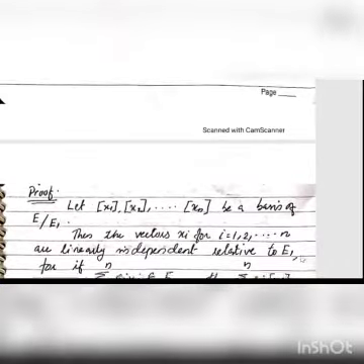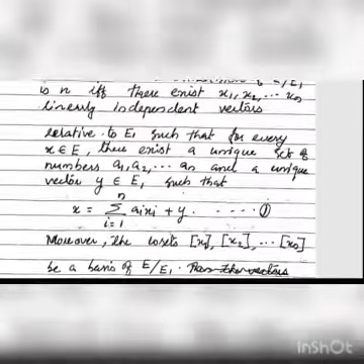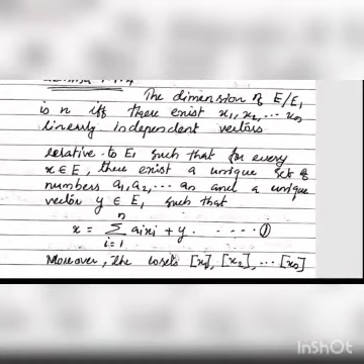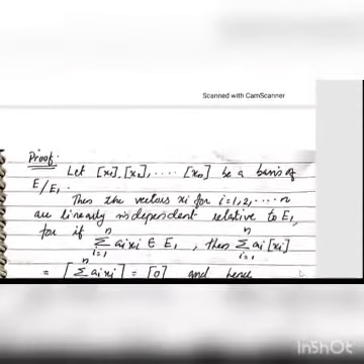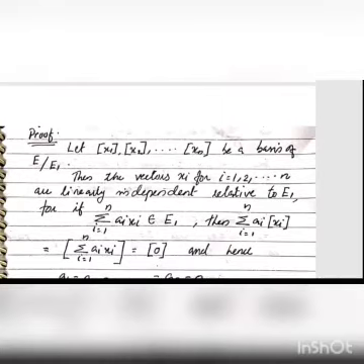Now its proof. What we want to prove is that first of all x can be written in this fashion, and that these cosets will form a basis of E/E1. So proof: first we consider this as a basis of E/E1. Then the vectors xi for i equal to 1 to n are linearly independent relative to E1. Because if sigma i equal to 1 to n ai xi belongs to E1, then, since this is going to be the basis, we are writing an element as a linear combination of the cosets.